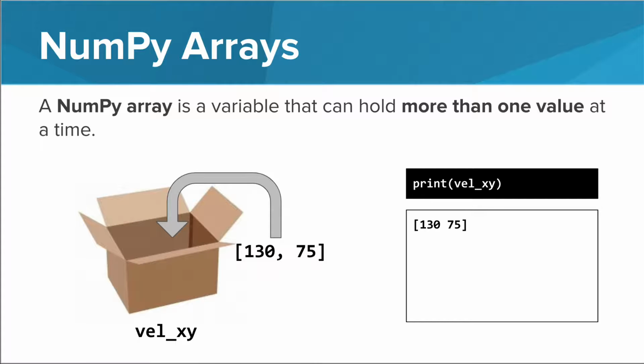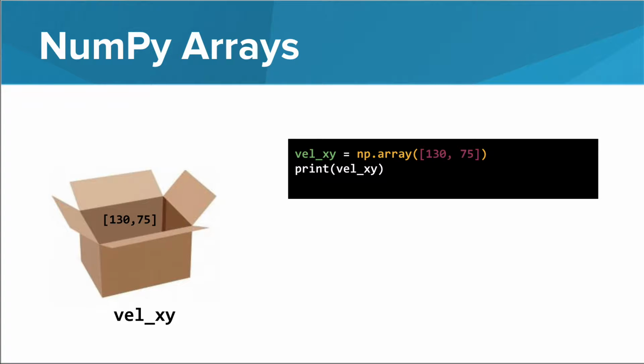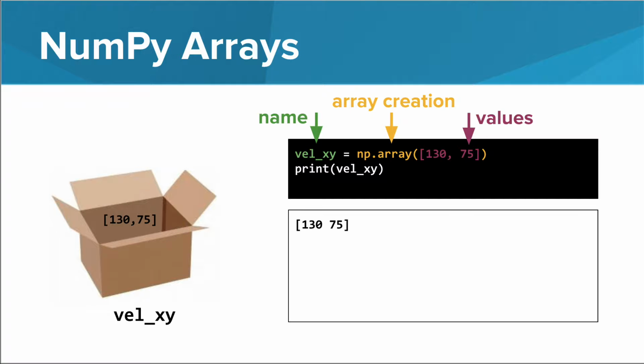Here we store both components in an array variable called vel_xy. When I print the variable, I see both values are printed. To create a NumPy array, we have a similar assignment statement in our code. There is the name of the array and the creation code, which is np.array, and we put the values inside of the parentheses. The values must be in square brackets separated by a comma. When I print the array, you'll see both values listed.